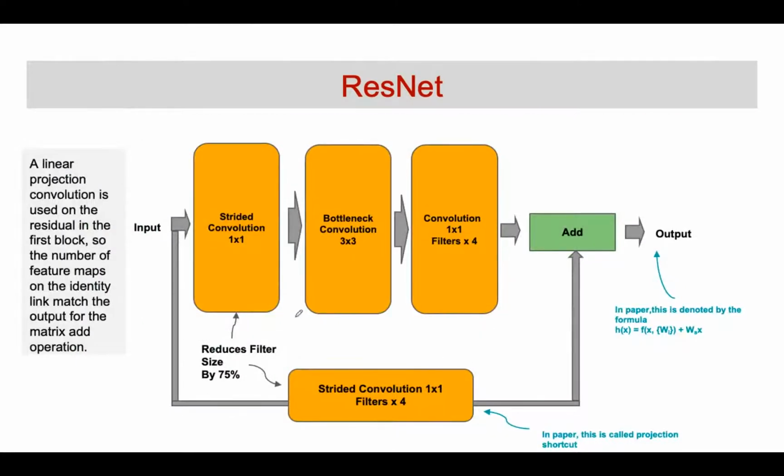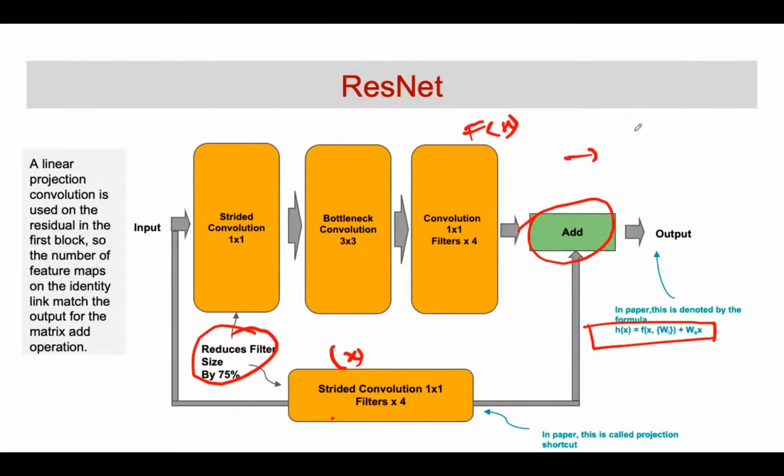Now you see here, reduce the filter size by 75%. Again here it is reducing, and also we are reducing the filter size here. So we are adding here. This is called h of x. If this is x, this is f of x, so my final function will be f of x plus x.